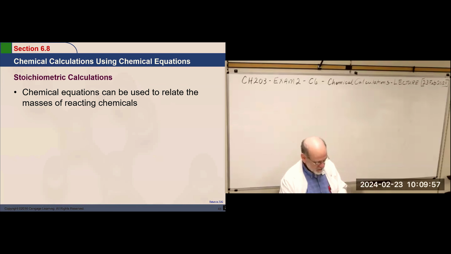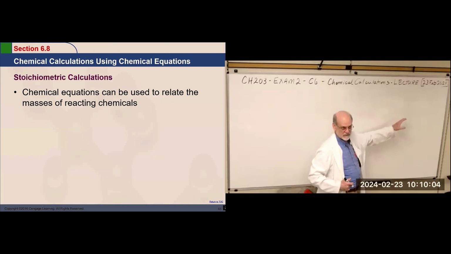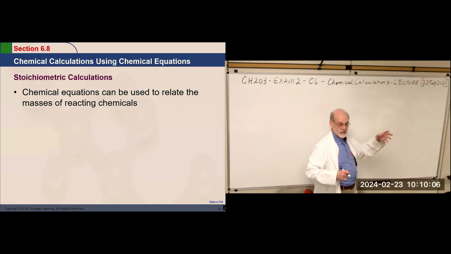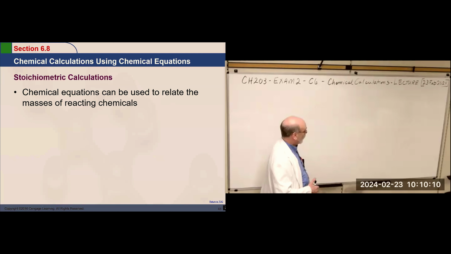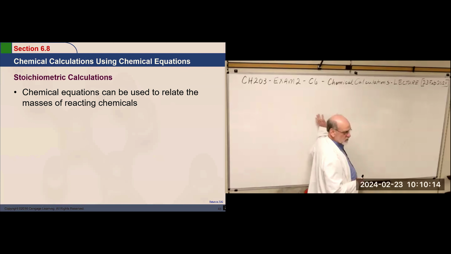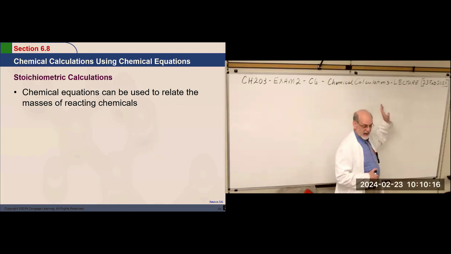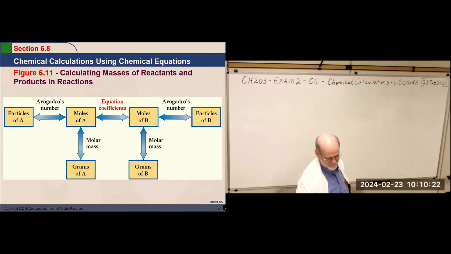What it does is allows you to determine, if you know what's going into a reaction, what comes out with values that you can measure. Or if you want to know how much reactant do I need to guarantee an output of a certain amount of product, you can do that too. Right, and there's your flow chart again.